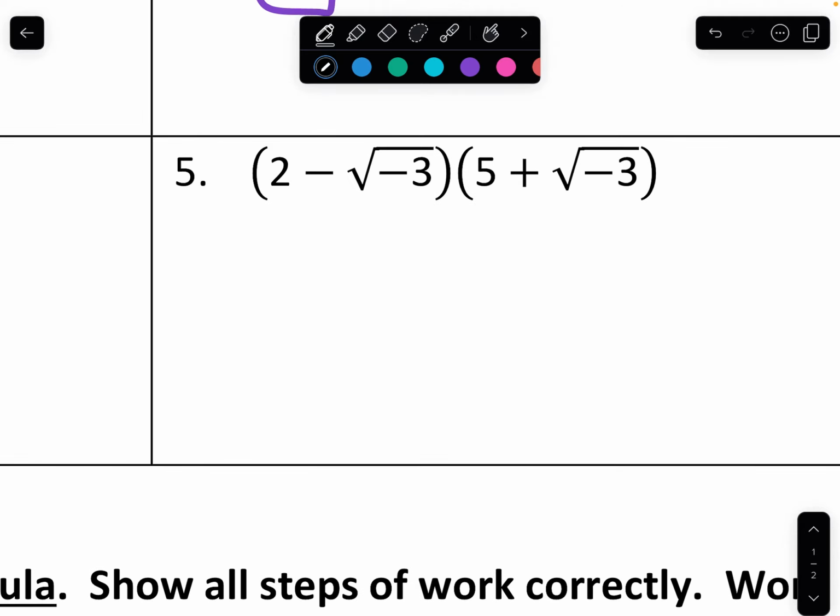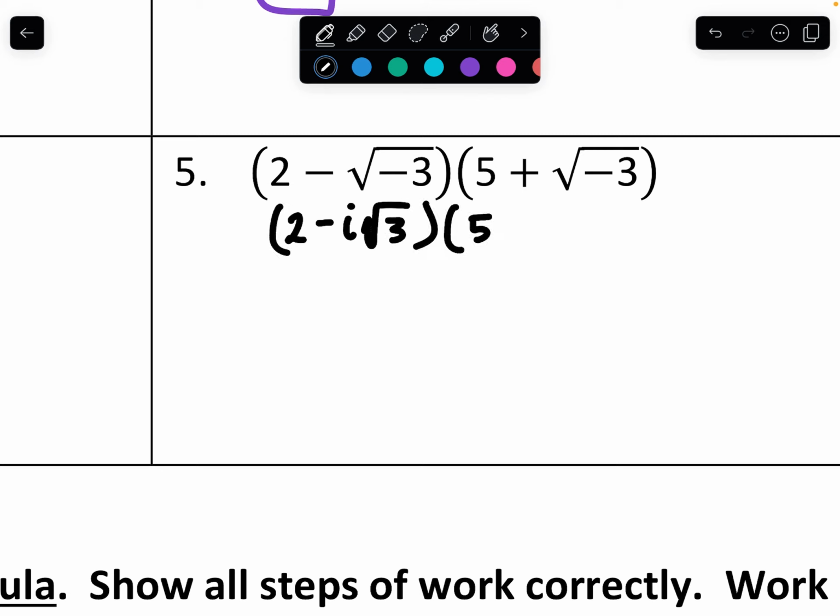Okay, here same thing, but we can do some simplifying first. Because there's a negative under the radical, we're going to take an i out of each one, and just rewrite this as complex numbers.